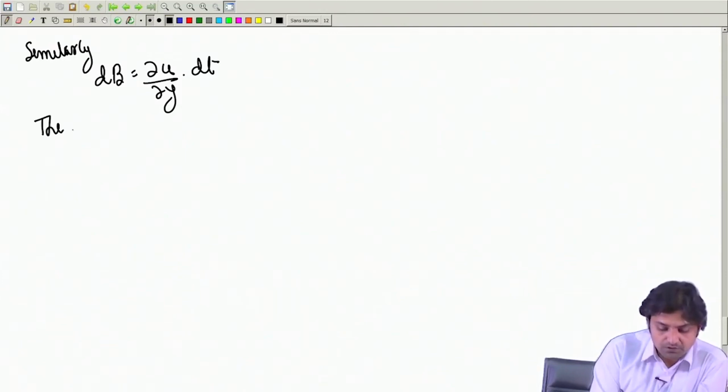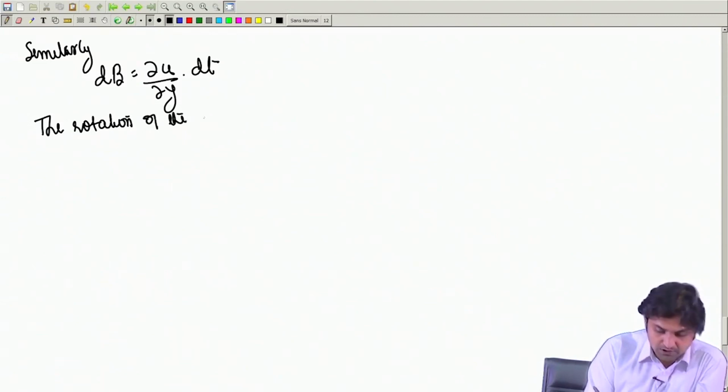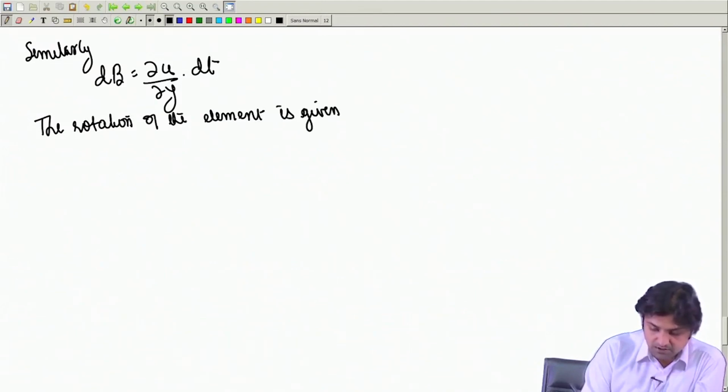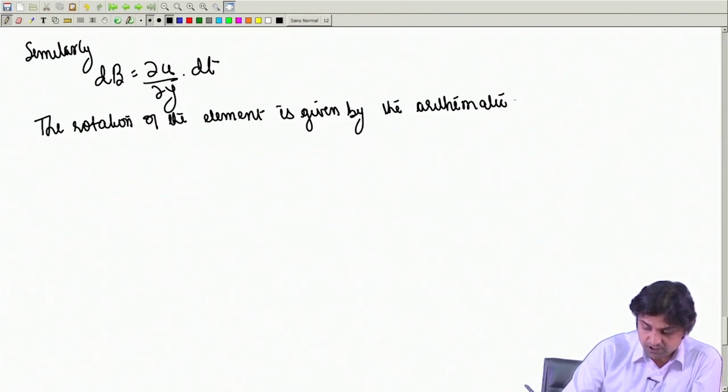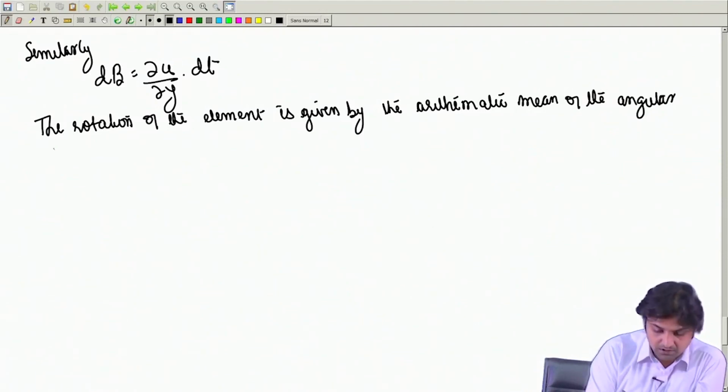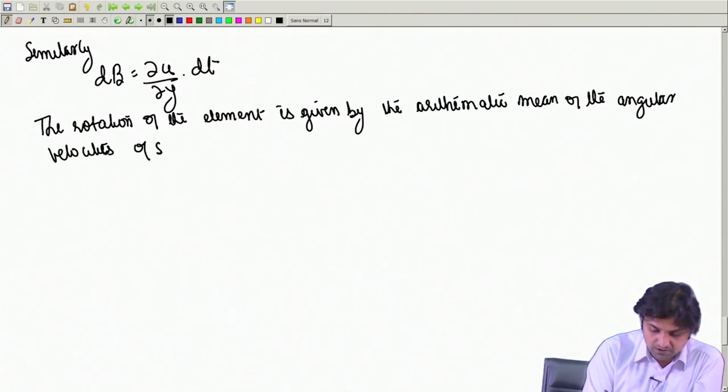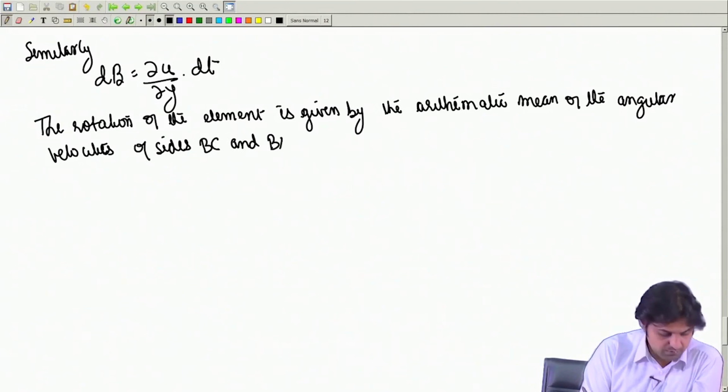So now the rotation of the element is given by the arithmetic mean of the angular velocities of sides BC and BA.